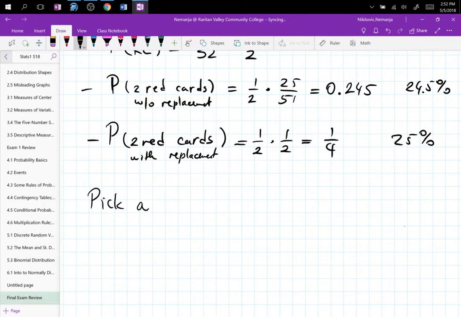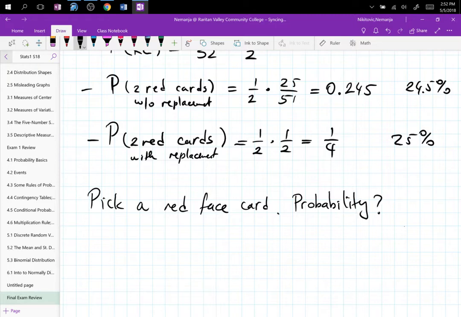Let's pick a card. Pick a red face card. So what's the probability? Red face card. How many are there? Are you counting red faces?